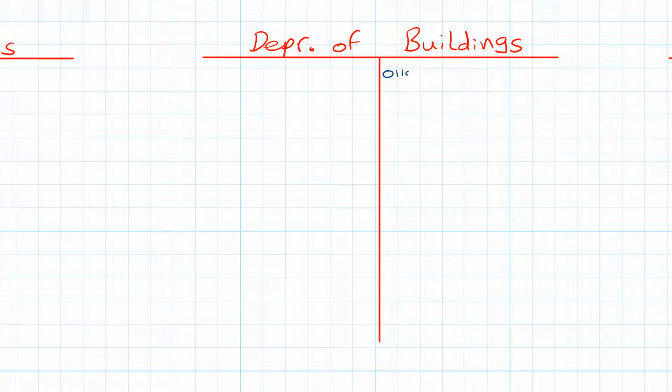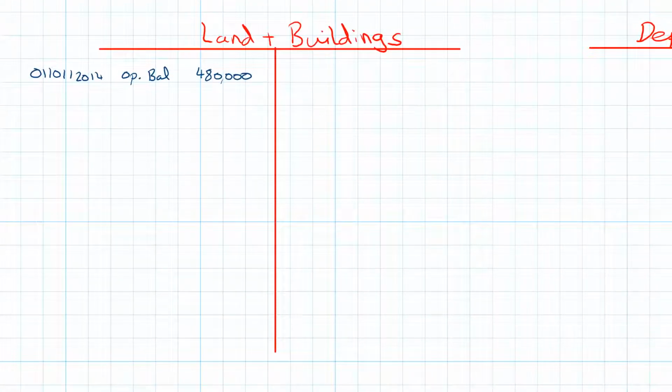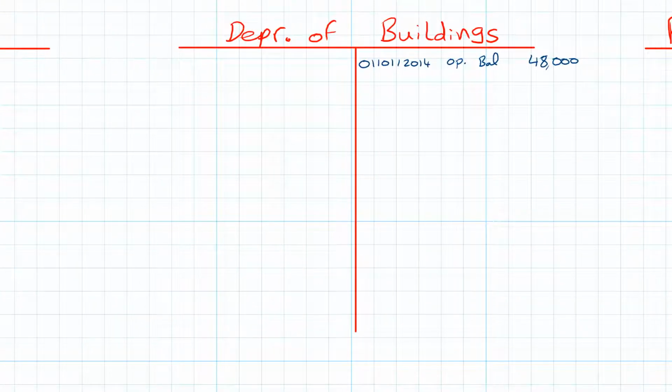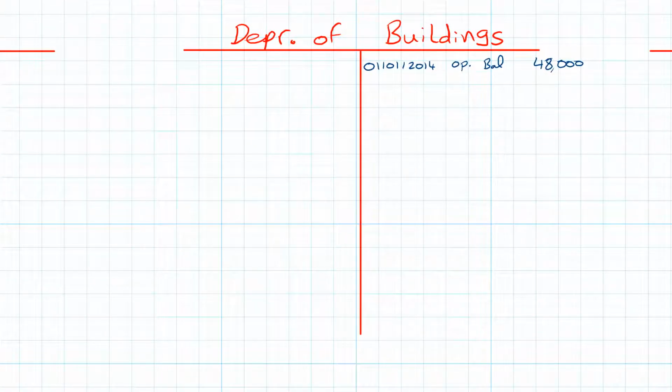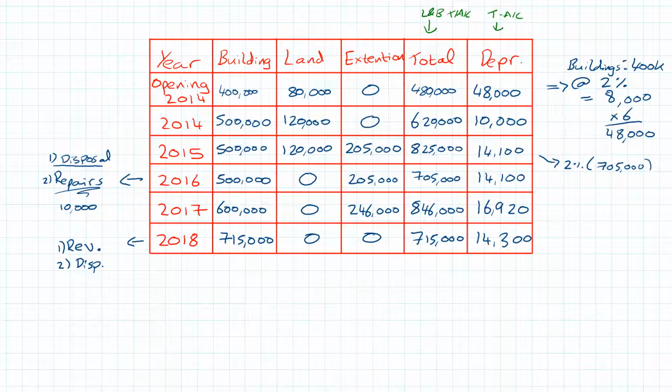So it reduces the value of our asset, so it's on the opposite side. So it's on the credit side. Opening balance of, what did we have? 48,000. Okay, so it reduces the value of our land and buildings. So it's the opposite of the land and buildings. So it's obviously going to be a debit. Or sorry, it's obviously going to be a credit because it's reducing the value. So that is this done, basically. Okay, we can say tick. Now we need to do what happened in 2014.